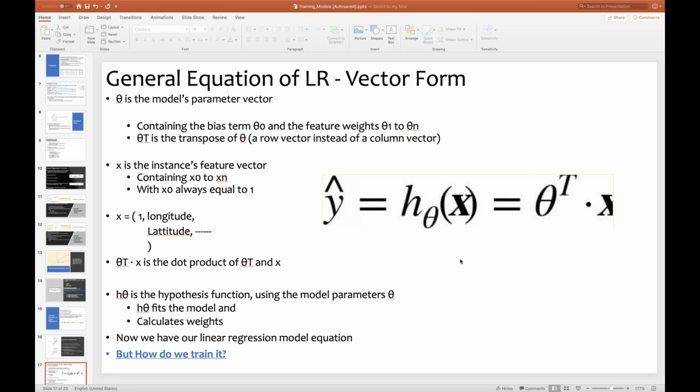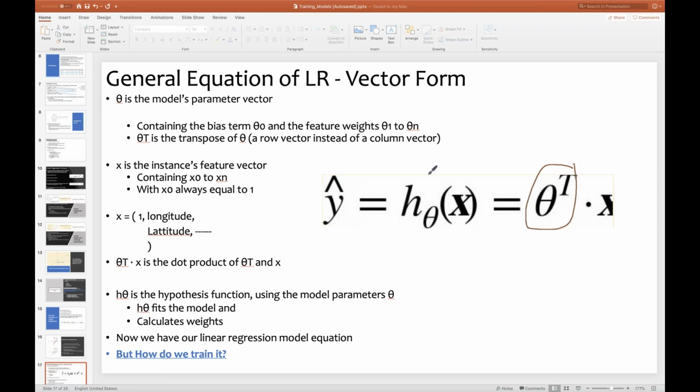What is theta? Now, look at this formula, guys. What is theta of t first? If you know theta, I can say theta of t is nothing but the transpose of theta. Transpose of theta means rows are converted into columns, columns are converted to rows. Simple as that.